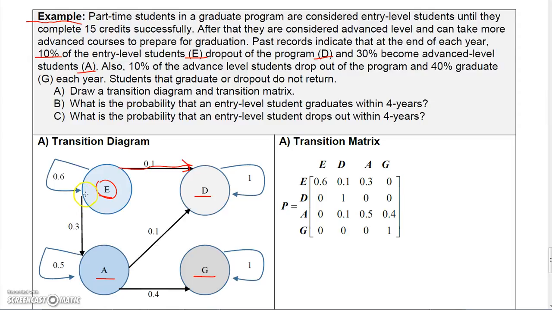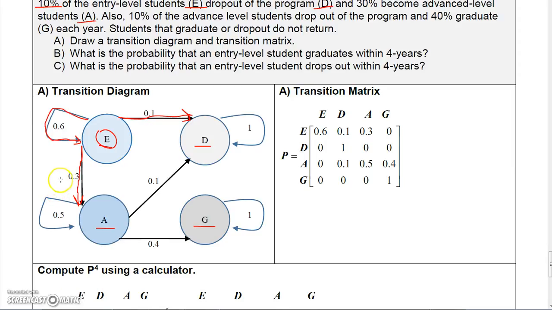And if you read the problem, it says after that 30% go to the advanced level state. So if 10% drop out and 30% go to the advanced level state, that leaves 60% that return or remain as entry level. Now, as far as the advanced students, it tells us that 10% of those drop out.